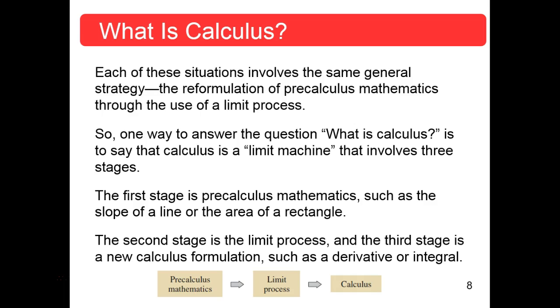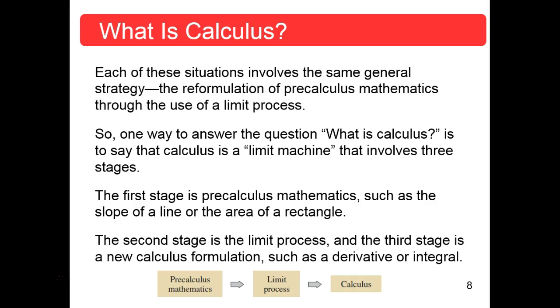is to say calculus is a limit machine that involves 3 stages. First stage is pre-calculus mathematics, which you have had, such as the slope of a line or the area of a rectangle. Oh yeah, we can figure those. The second stage of the limit is the limit process itself. The third stage is the new calculus formulation, such as a derivative or an integral.